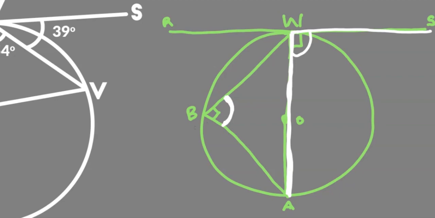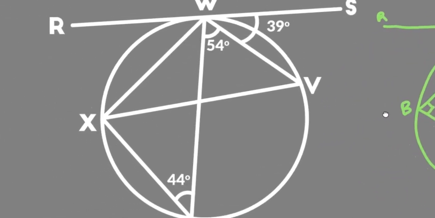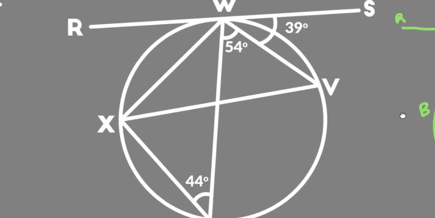Now, if we go to our question, you're going to see that this line here hasn't passed through the center. However, this rule that we've just talked about does not only apply to lines that have passed through the center of the circle. They apply to any lines that have made an angle with the tangent.